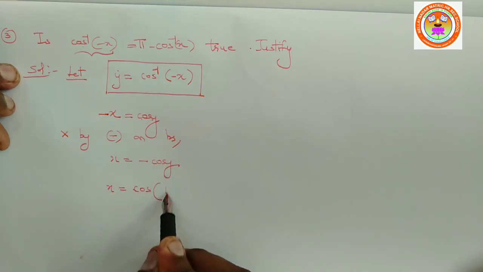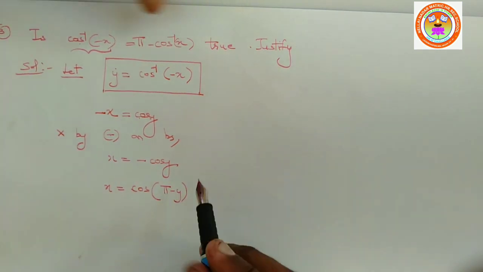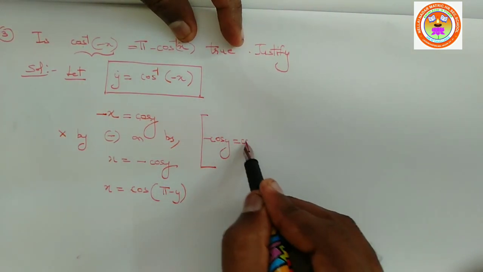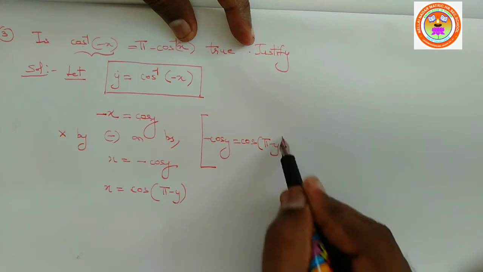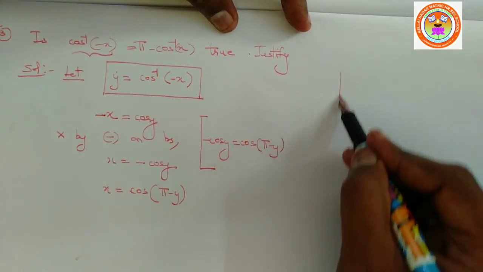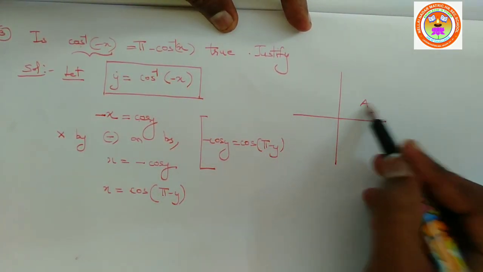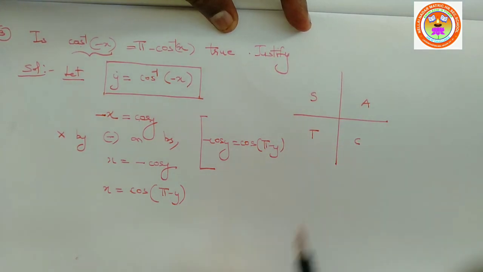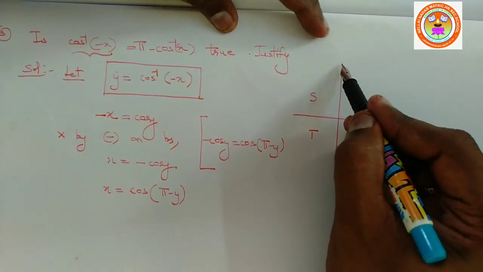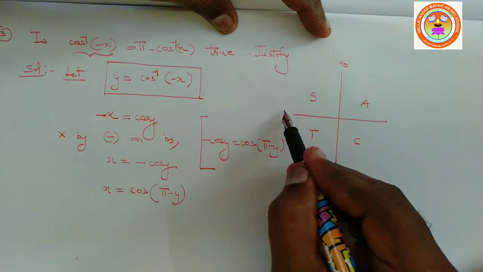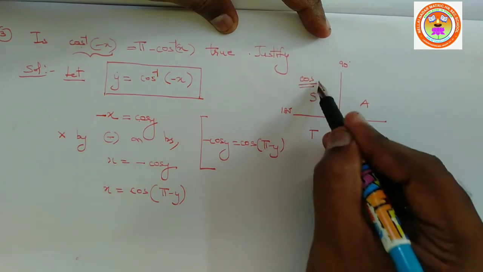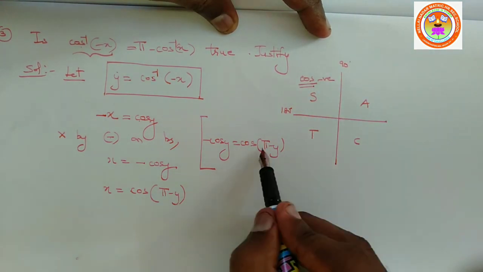I can write minus cos y as cos of pi minus y. How can we write this? Using the ASTC rule, which we have studied. This is 90 degrees, this is 180 degrees.